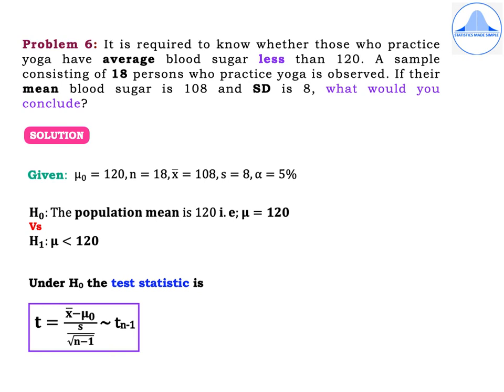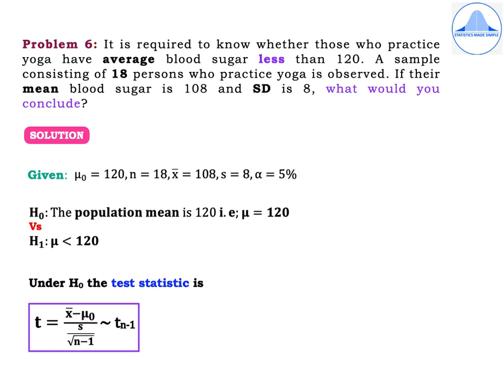So the four values which can be obtained from the given data are written under the solution. So given mu naught is 120, n is 18, x bar is 108, s is 8, and alpha is 5%. H naught will be the population mean is 120, that is mu is equal to 120 versus H1 mu is less than 120.